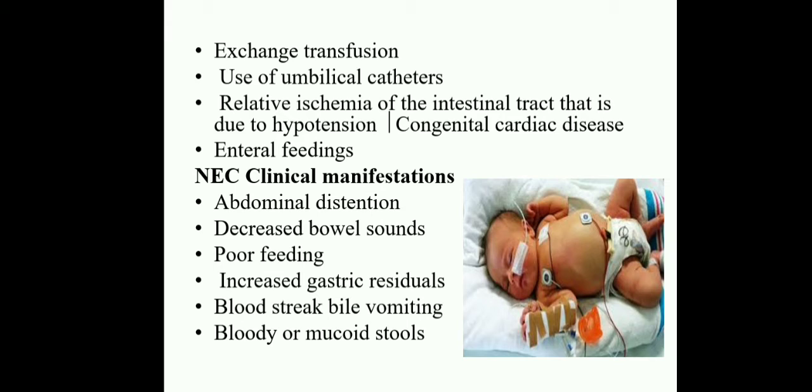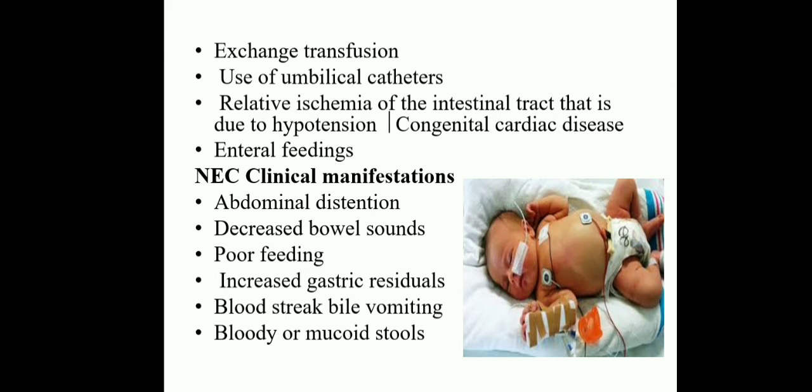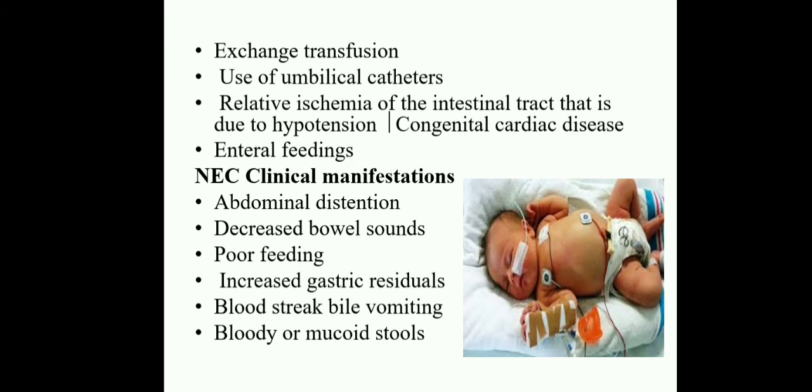Use of umbilical catheters, relative ischemia of the intestinal tract due to hypotension, congenital cardiac diseases, and enteral feeding. These are the common factors that play an important role as risk factors of necrotizing enterocolitis.